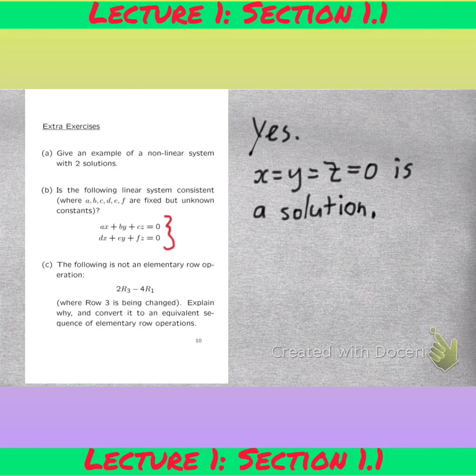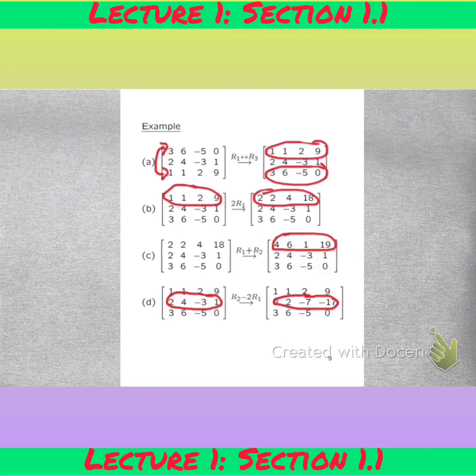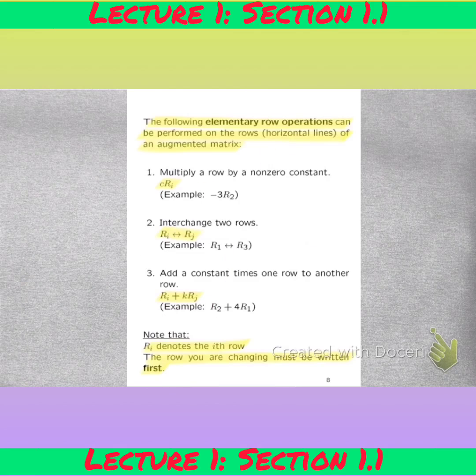Then for the last one, they say the following is not an elementary row operation. So why is this not an elementary row operation? 2 times the third row minus 4 times the first row. If we go back here, remember these are the only elementary row operations.